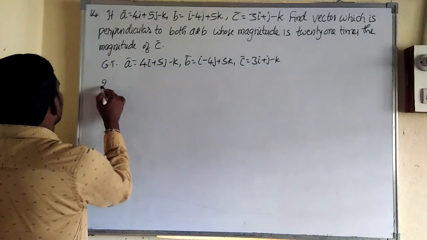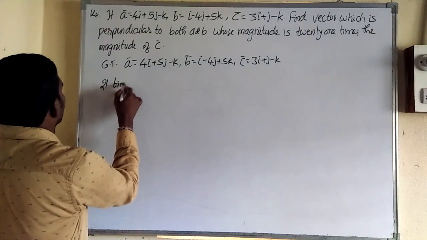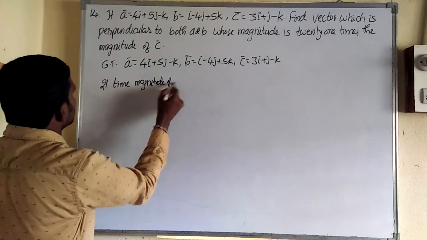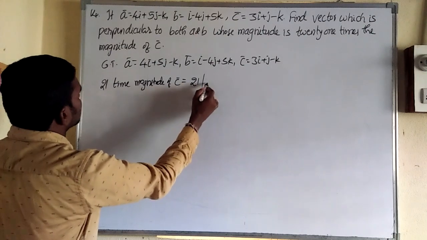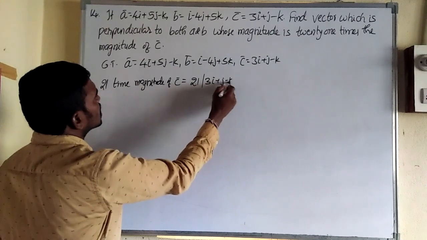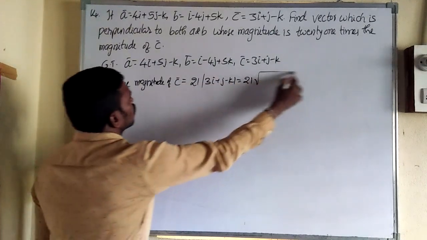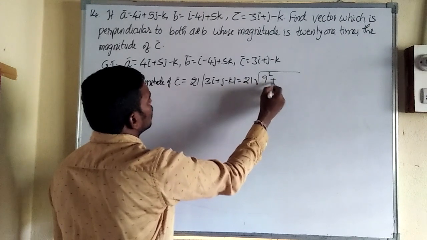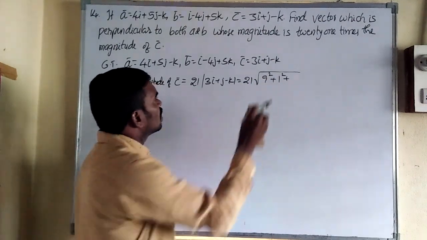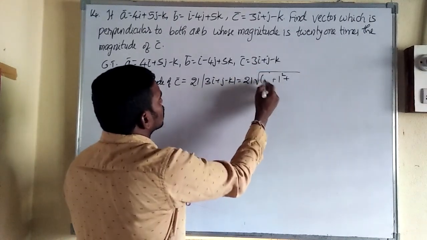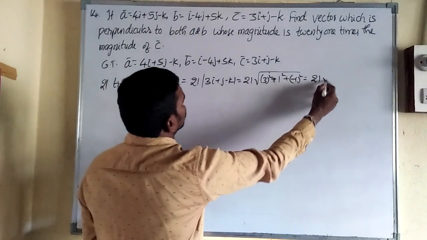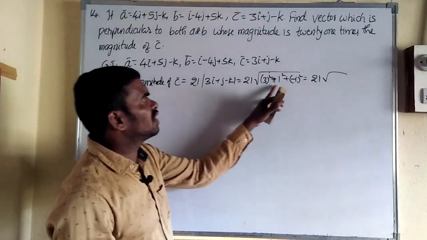So first we should see what is 21 times the magnitude of C. That is 21 into modulus C, where C is 3i plus j minus k. So it is 21 into root of 3 square, that is 9, plus 1 square plus minus 1 square, which is 21 into root of 9 plus 1 plus 1, that is 11.